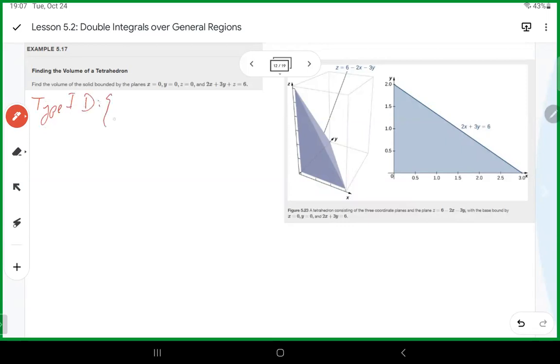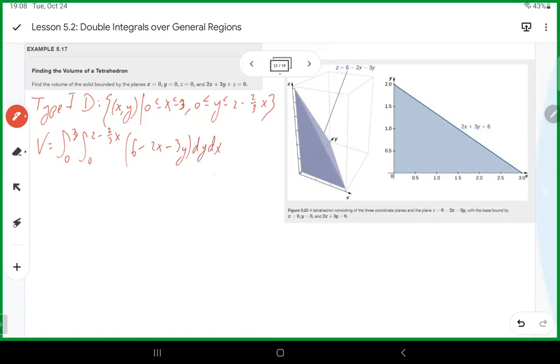And our D would then be, so therefore our volume would be the integral of 6 minus 2x minus 3y dy dx, and then 0 to 3.